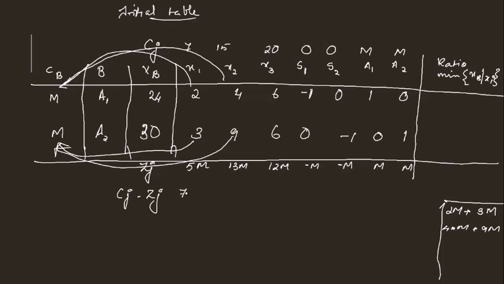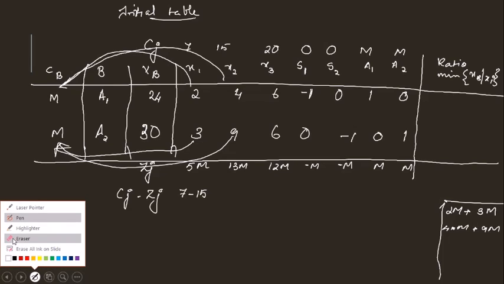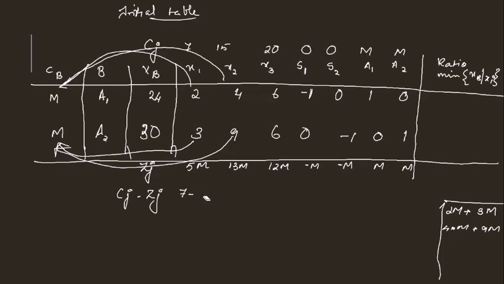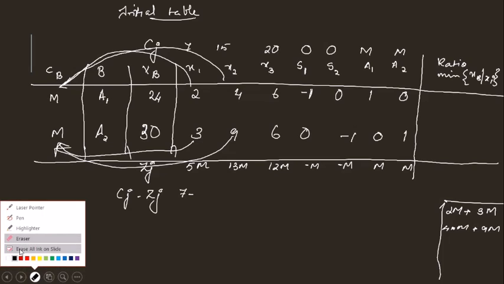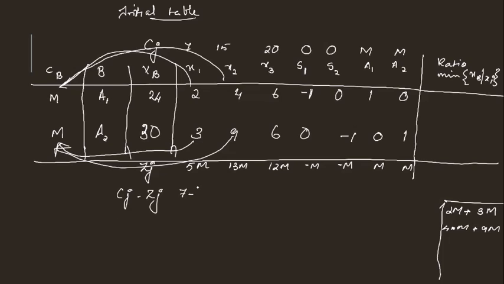Cj minus Zj is 7 minus, sorry, it's not 15, it is 5M. 7 minus 5M. What about this, 15 minus 13M? 20 minus 12M, and this will be M minus M, that is 0 and 0.